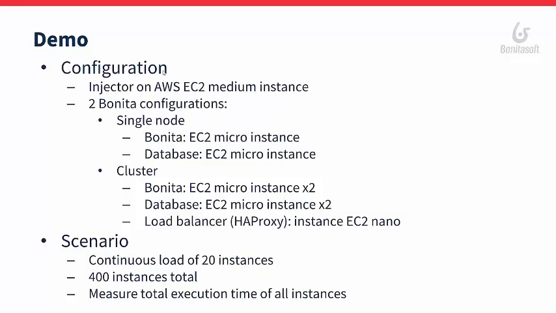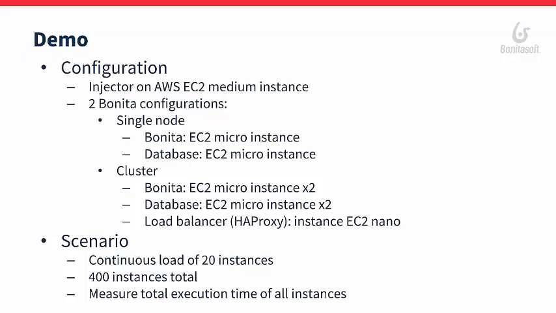This configuration here is important, because what really is important is that the injector is more powerful than the Bonita platform itself, because we really don't want the injector to slow down our test.